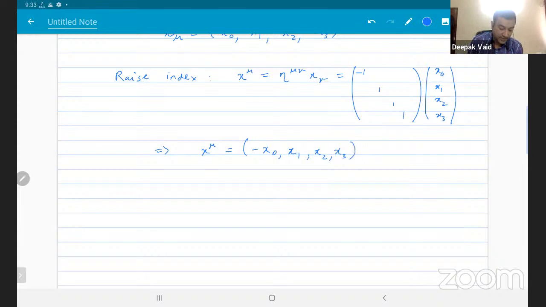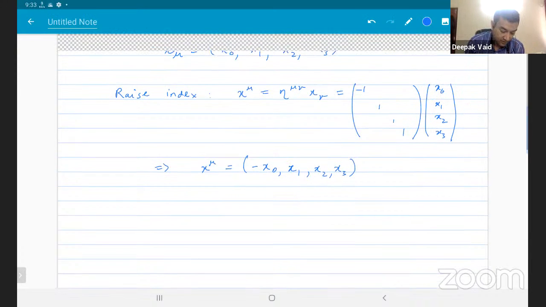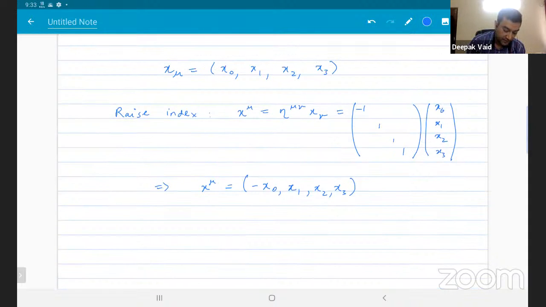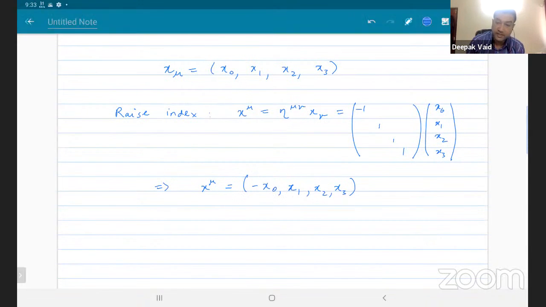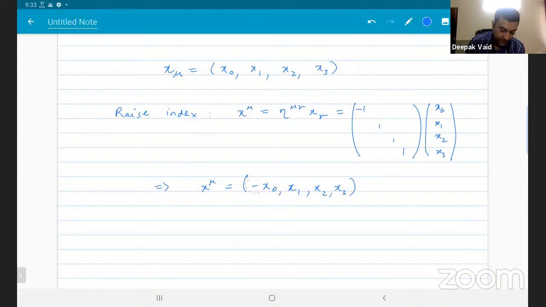I'm just writing it in this horizontal way, but you should keep in mind that this is a vector, and vectors are column objects. So what has happened in the process of raising my indices? My first component, the time component, has changed sign.